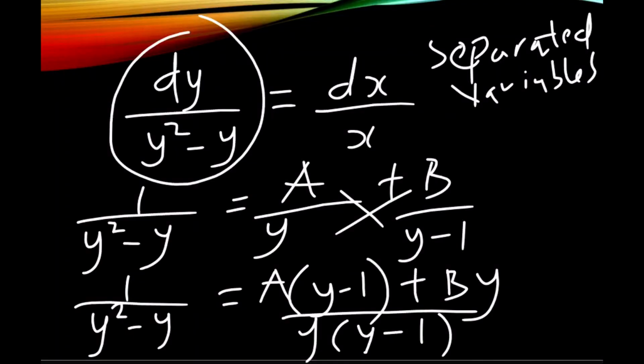So that is dx over x. So we rewrite it there, dx over x.